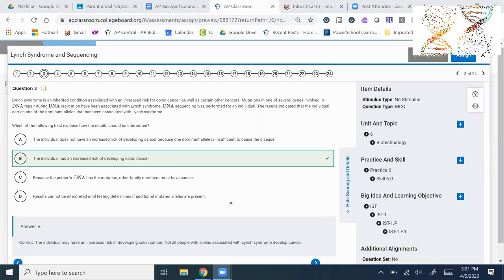So remember, Lynch syndrome is associated with an increased risk for colon cancer, as you know, right here.